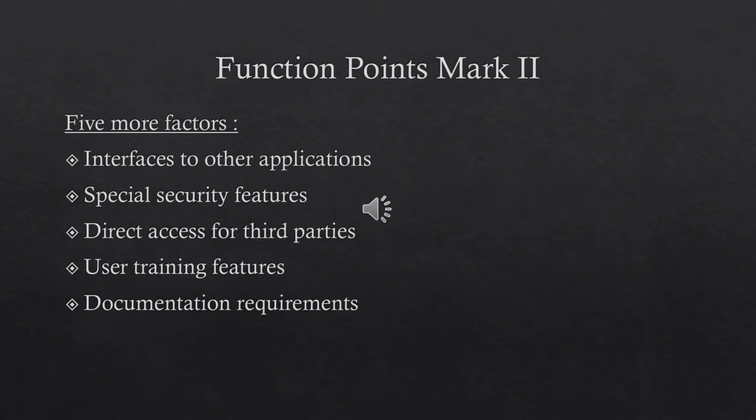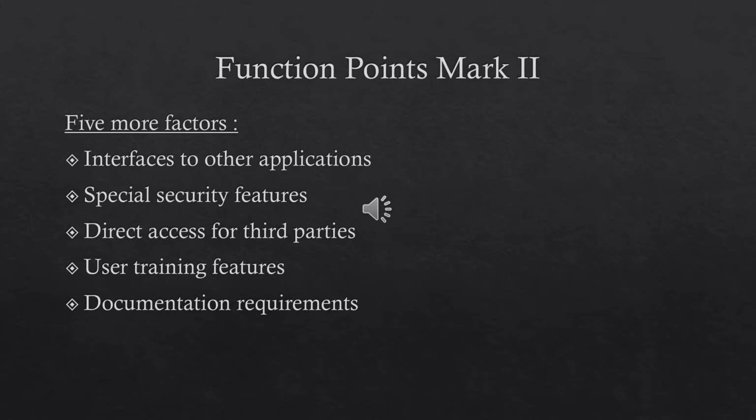These are the additional 5 factors other than the Albrecht function point. The 5 factors are: first, interface to other applications; second, special security features; third, direct access for third-party software; fourth, user training features; and fifth, documentation requirements.